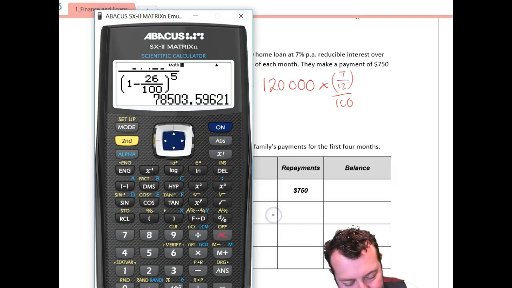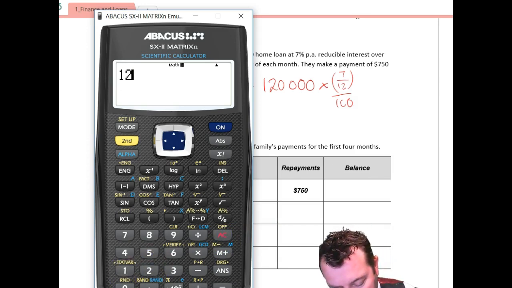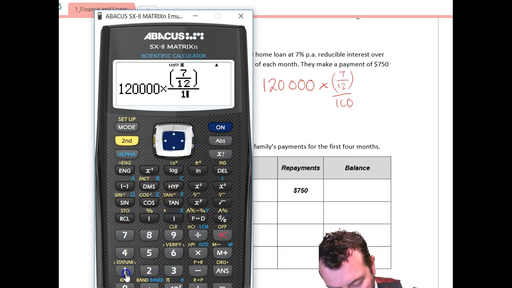Right, out comes the calculator. Remember, anything that goes into the calculator needs to be written down. The expression needs to be written down first, and we're going to type it in the same way as it appears on our page. There's my 120,000 times, bracket, 7 over 12, close my bracket, over 100.